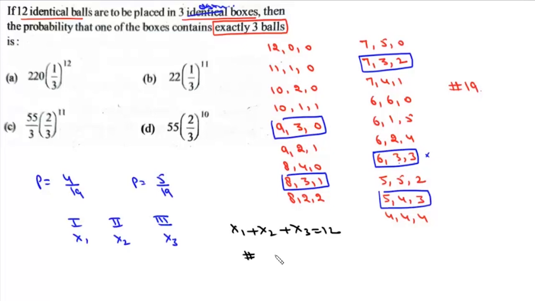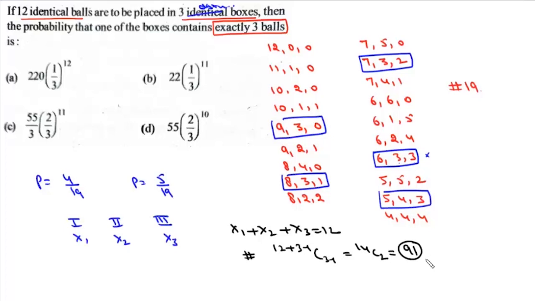So the total number of ways of distributing these 12 balls in 3 distinct boxes will be n plus r minus 1 C r minus 1, and that will be 14C2, which is 91. So that's our total cases.